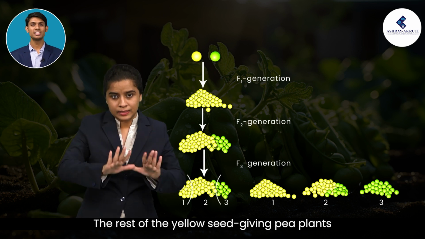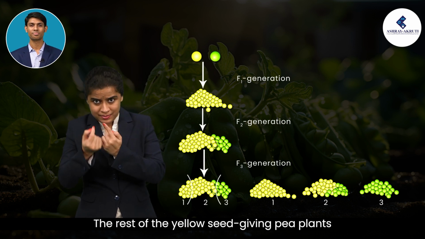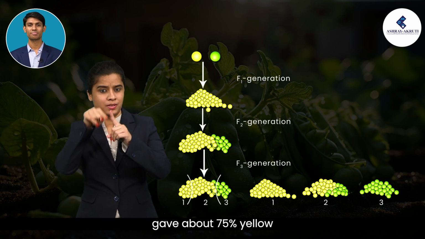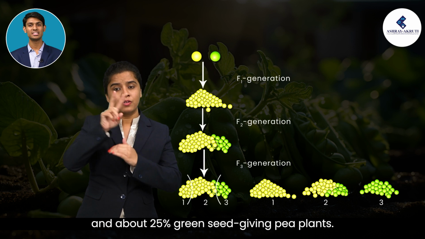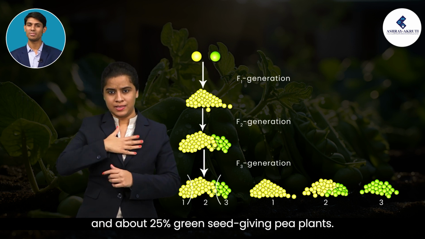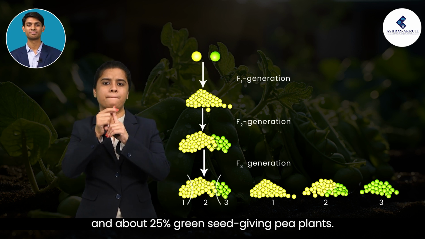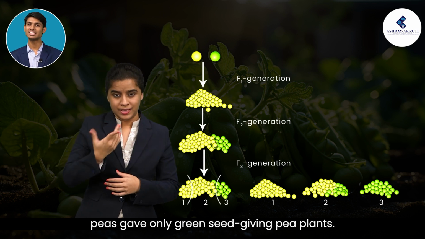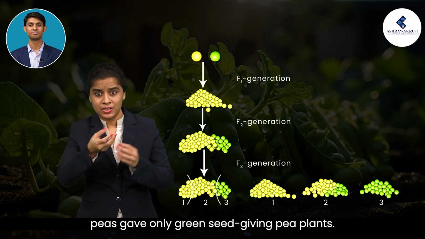The rest of the yellow seed giving pea plants gave about 75% yellow and about 25% green seed giving pea plants. The set of green peas gave only green seed giving pea plants.